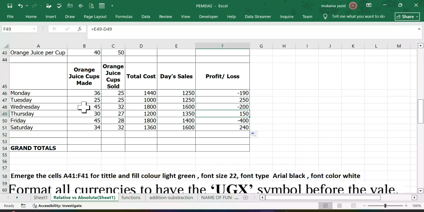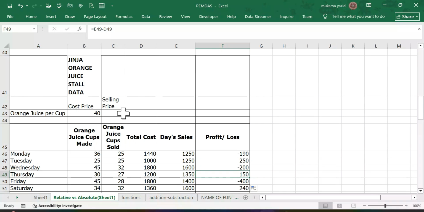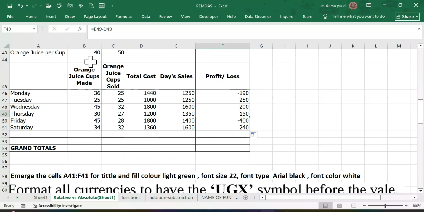Actually, here you make some profit because the selling price is bigger than the cost. So if you sell one cup at 50 and your cost is 40, obviously you are making some profit. Here we made 45, but we managed to sell only 20. This is totally a loss. You can see here we made 30, but this is totally a loss. This one also a loss, and here too, a loss.